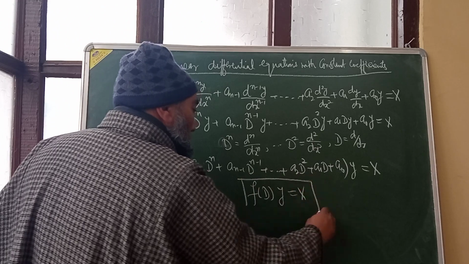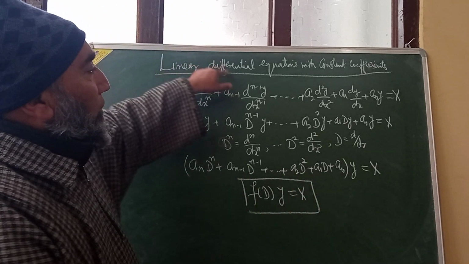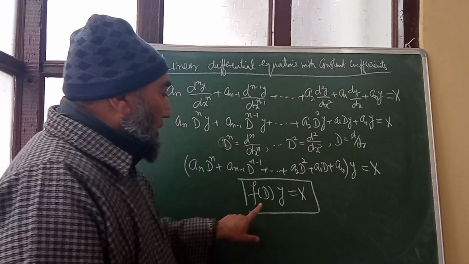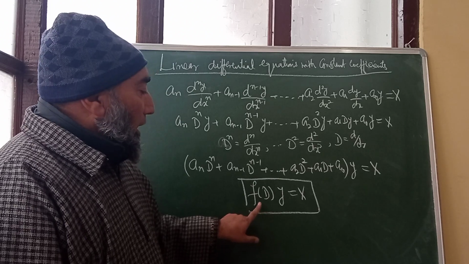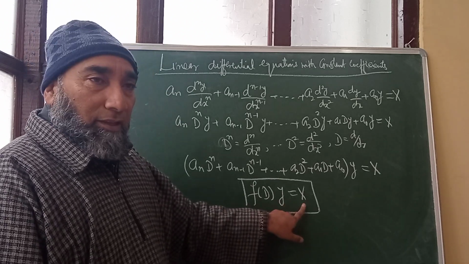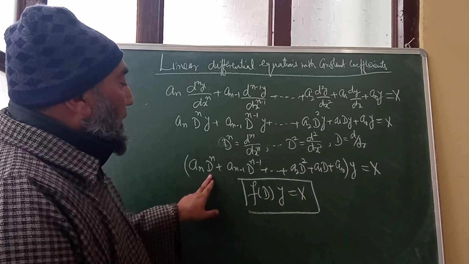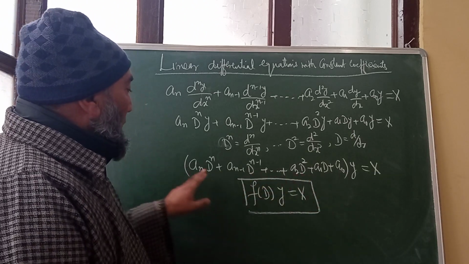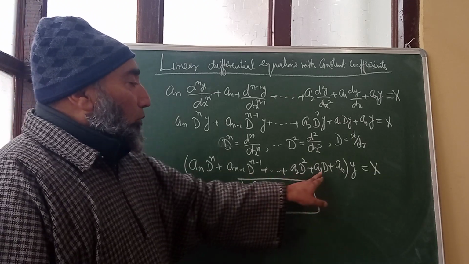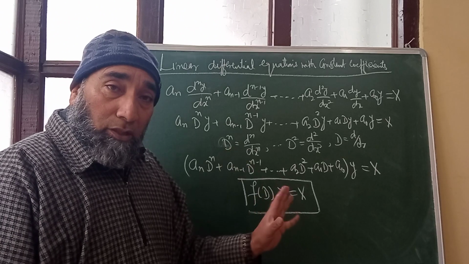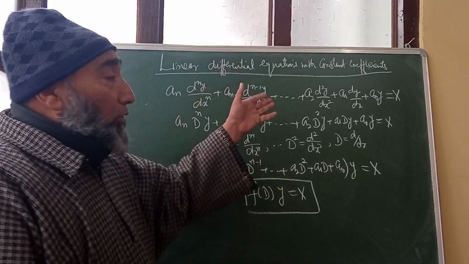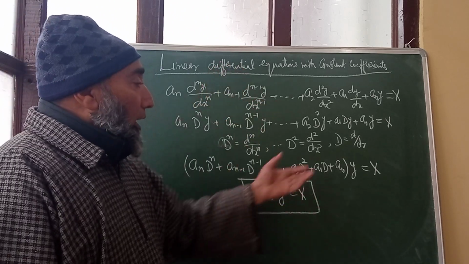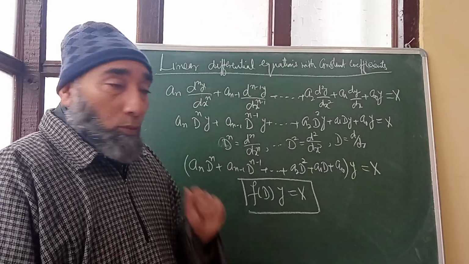So, a linear differential equation with constant coefficients can be written in the form f(D) operating on y equal X, where an, an minus 1, a2, a1, a0 are all constants. That is why it is known as a linear differential equation with constant coefficients, and X is a function of small x.